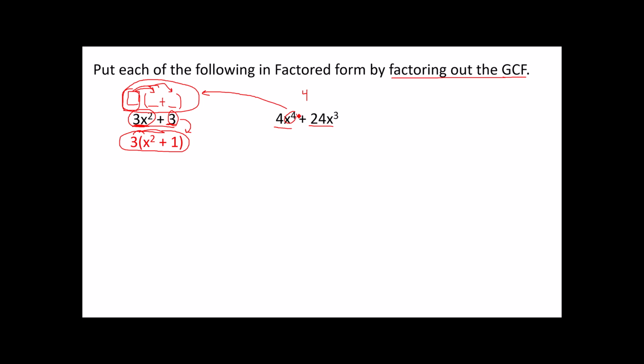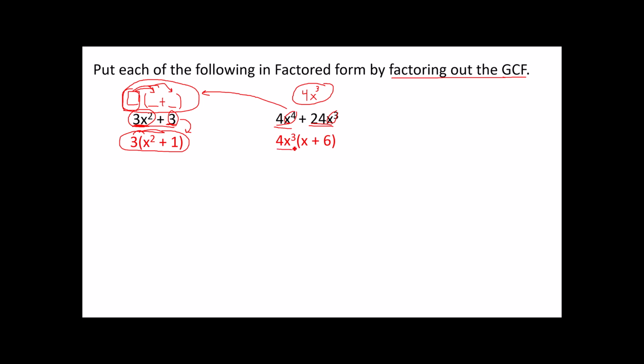And if you look at the x's, this has 4 of them, this has 3 of them. In fact, they both have at least 3 x's. This is the greatest common factor of these two monomials, or of each term in the binomial. I can pull that out and write it in factored form.